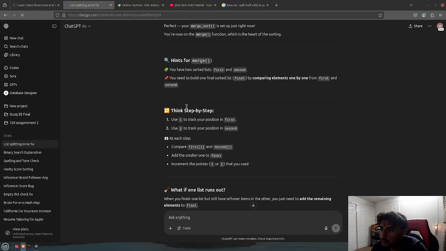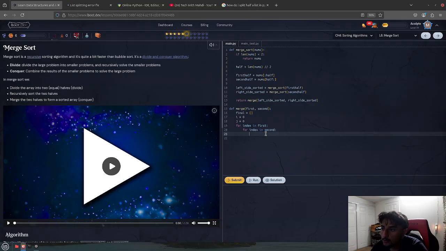compare first i... if first index is greater than second index, we want to do, oh, did that give me a good indentation?